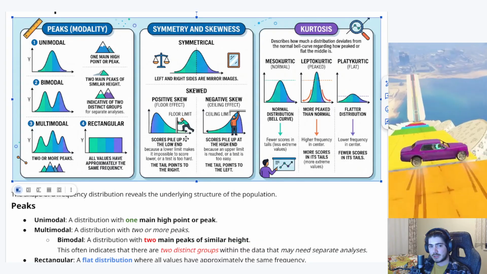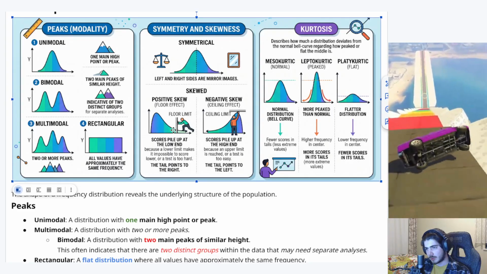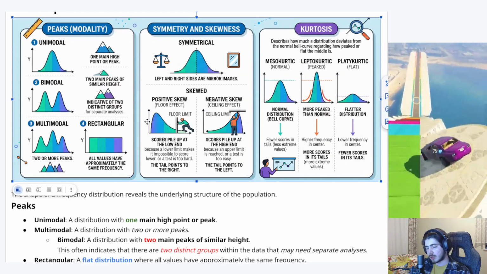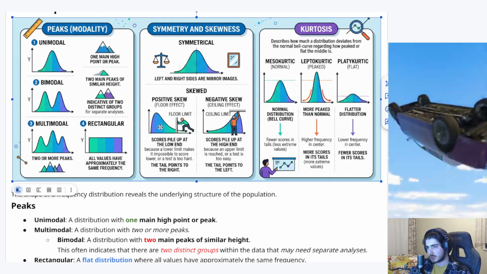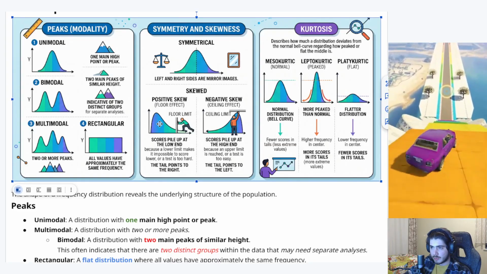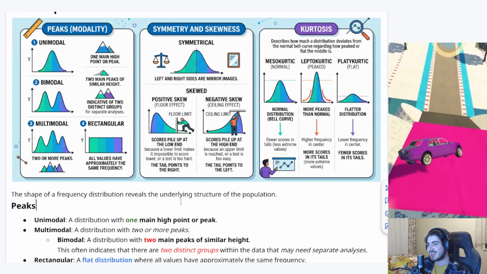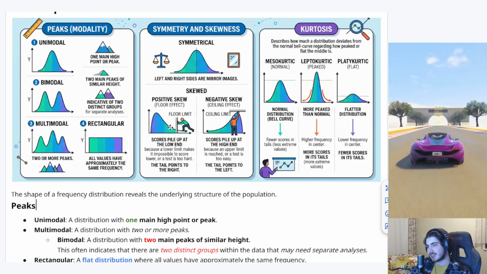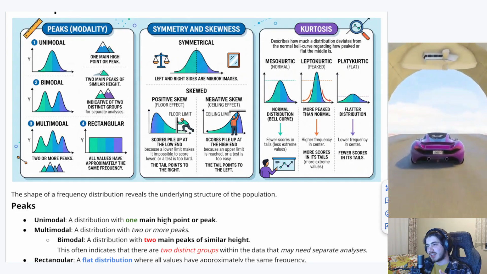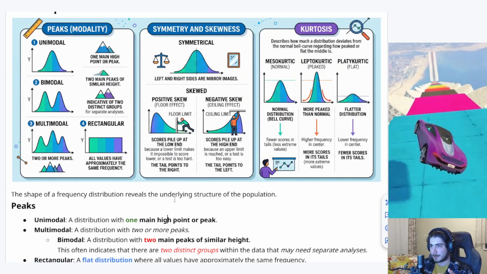Because the data that are present at the positive side going to the right are skewing your data from becoming a unimodal normal distribution. I don't know if it's understandable, but you look at the tail, and if it points to the right side, then that means it's positive skew or right-sided skew.